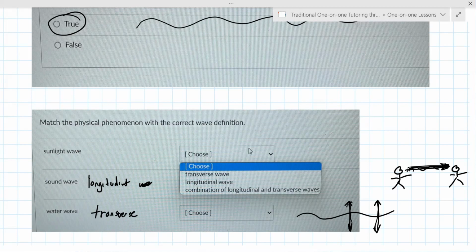And let me just confirm this. Sunlight is also transverse. Trying to think of why that is.